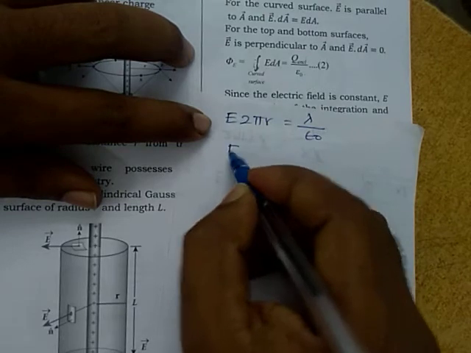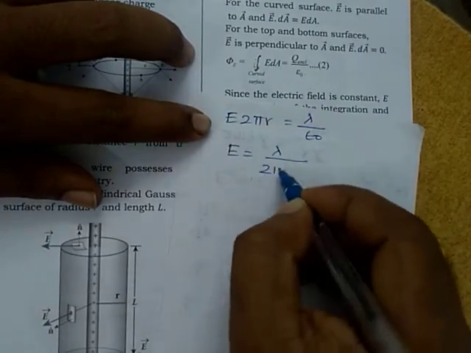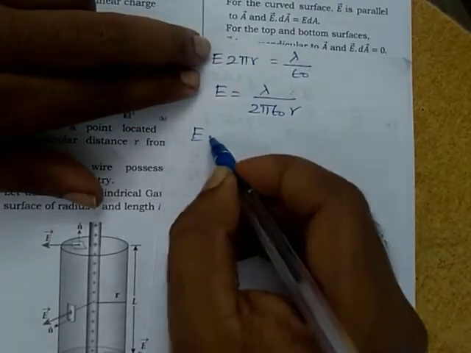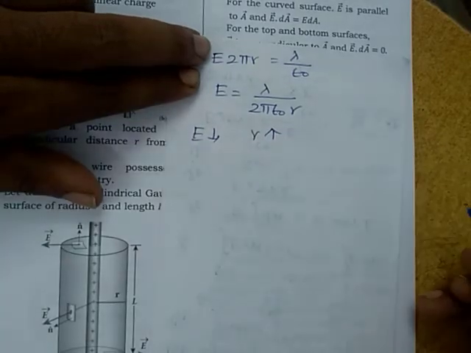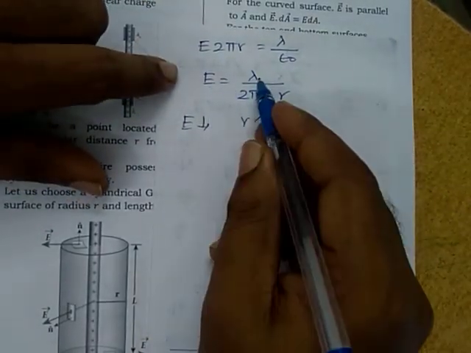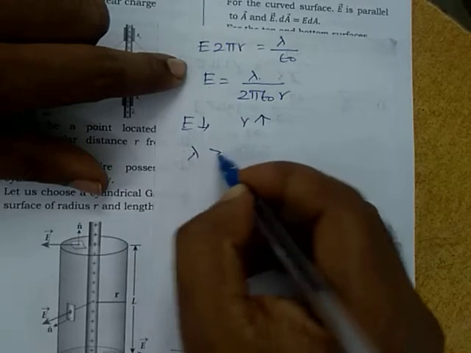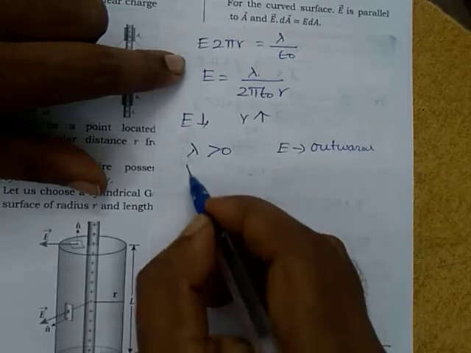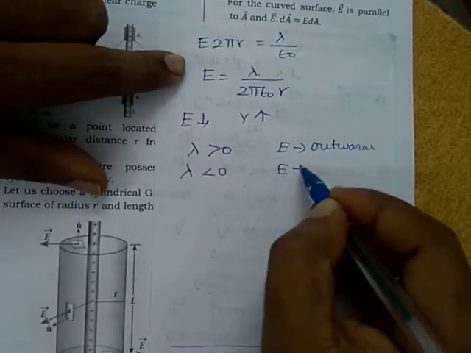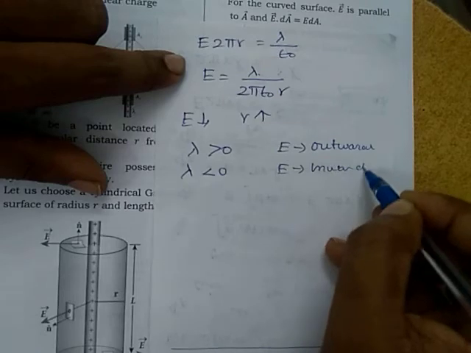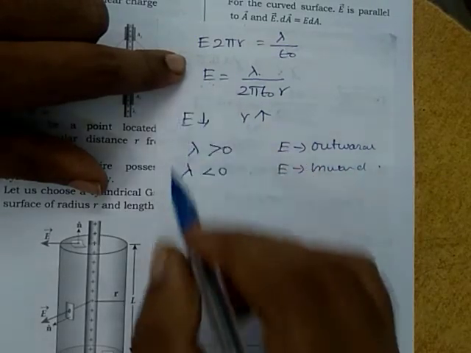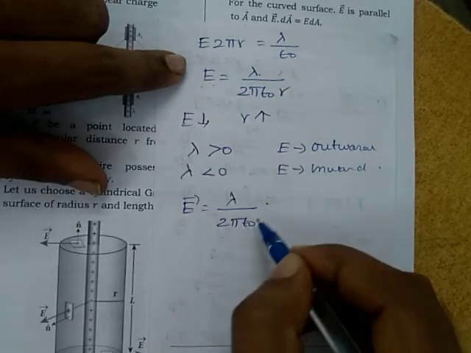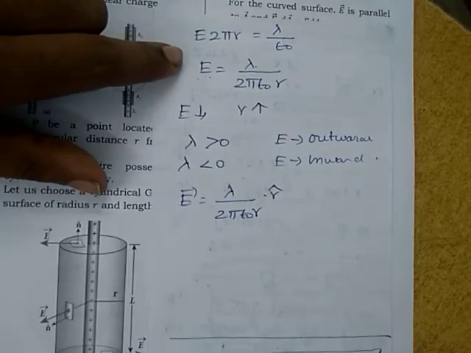We need the electric field, so E is equal to lambda by 2 pi epsilon naught R. Here the electric field decreases with the increase in distance, and the electric field also depends on linear charge density. If lambda is greater than 0, the electric field is outwards. If lambda is less than 0, the electric field will be inward. In vector form, E vector is equal to lambda by 2 pi epsilon naught r into r cap.